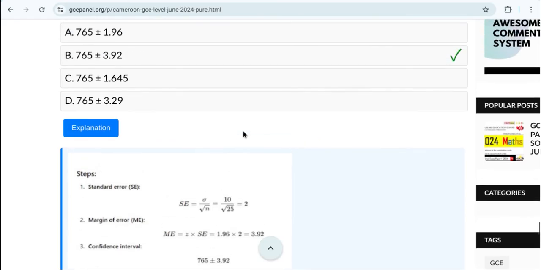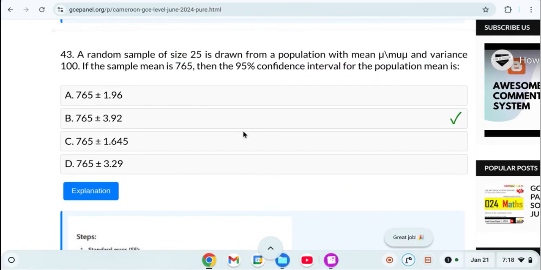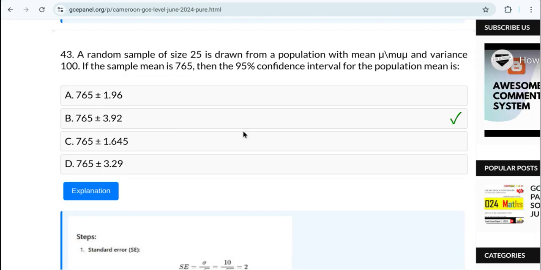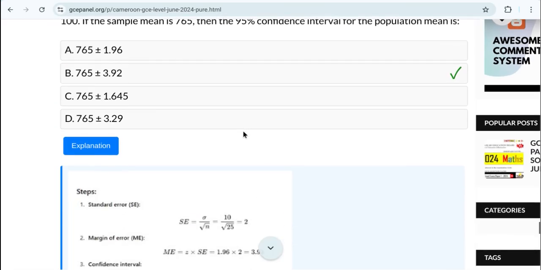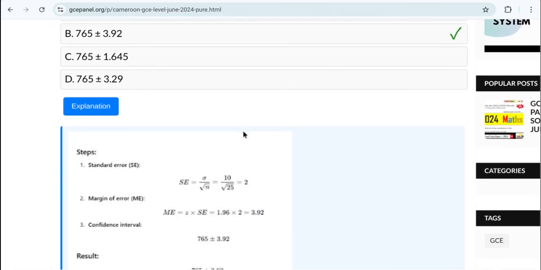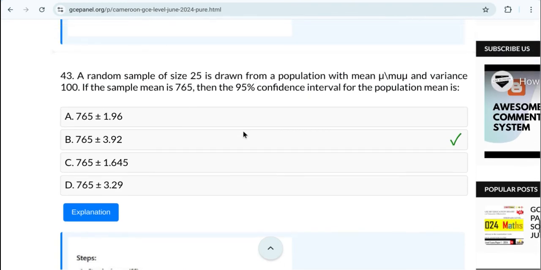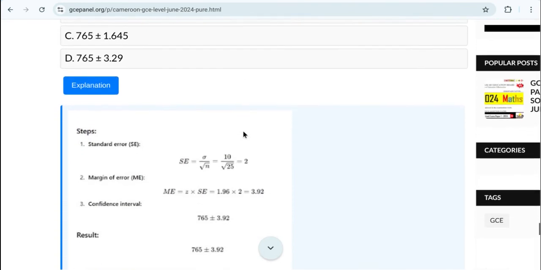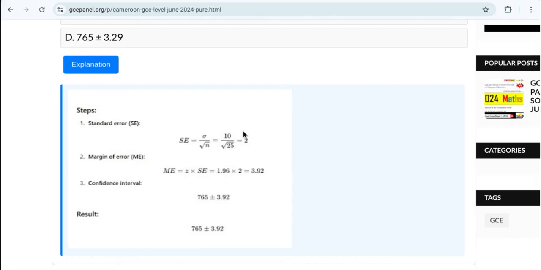What's the sigma now? The standard deviation of the population, right? The standard deviation of the population is the square root of the variance of the population, which is 10. All that over the square root of the sample size, 25, so you have 10 over root 25, which is 2.